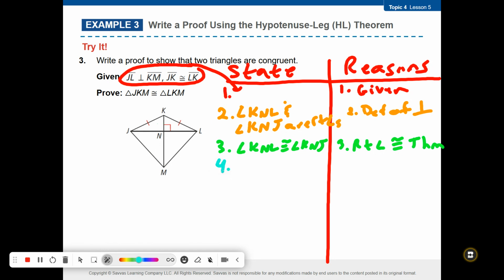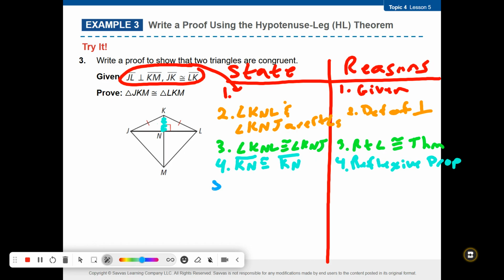All right, step 4. I am now going to say that KN is congruent to itself. Reasoning? Good. Very good. Reflexive property. And now if I look at this, I know we're trying to go for the larger triangle here, but we don't have enough to do that yet, so we're going to prove these two triangles congruent right now, okay?